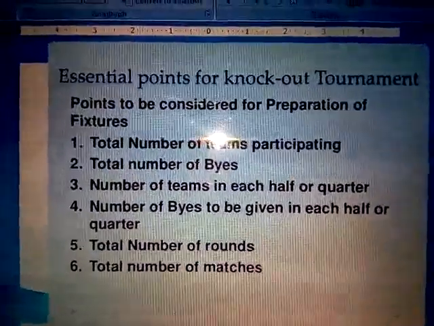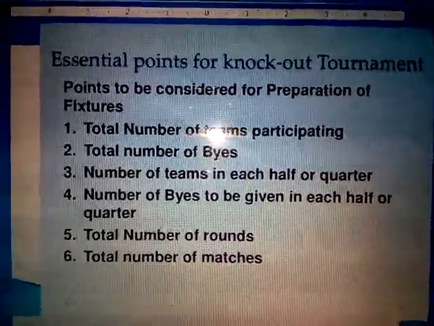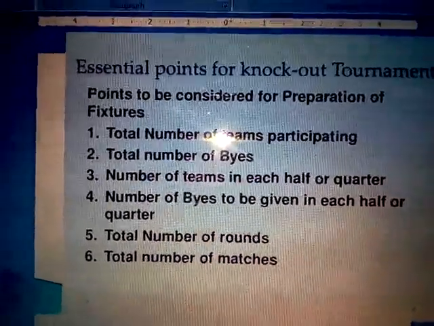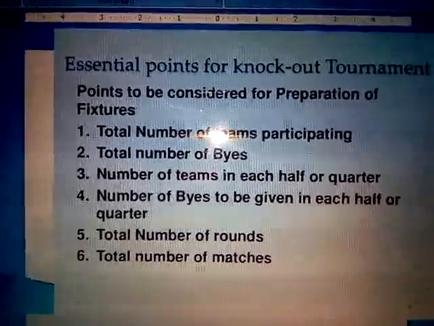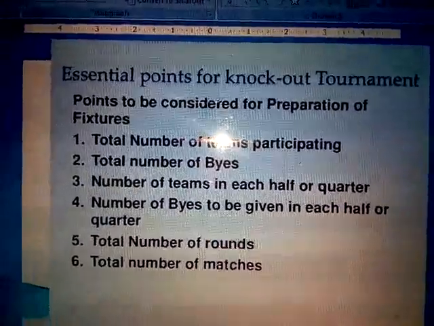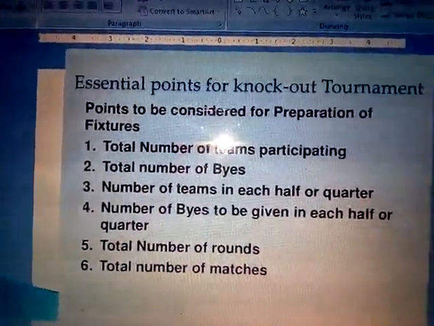Now point number 2, the total number of byes to be given to the teams. In the next slides we will discuss how to take out the byes and the methods of fixing the byes to the teams. Third point, the number of teams in each quarter and half.